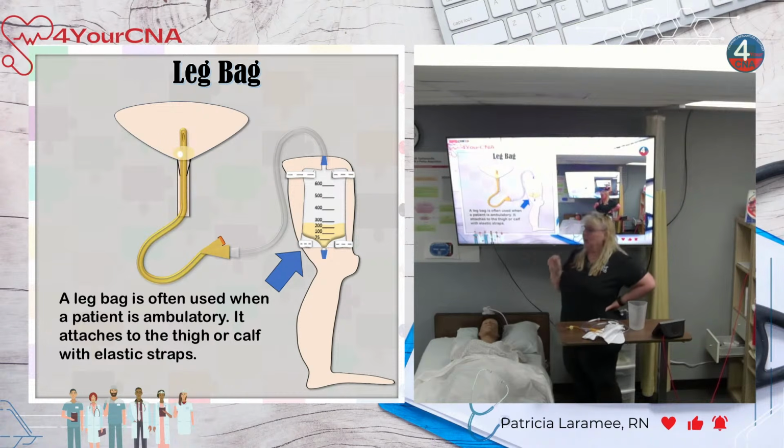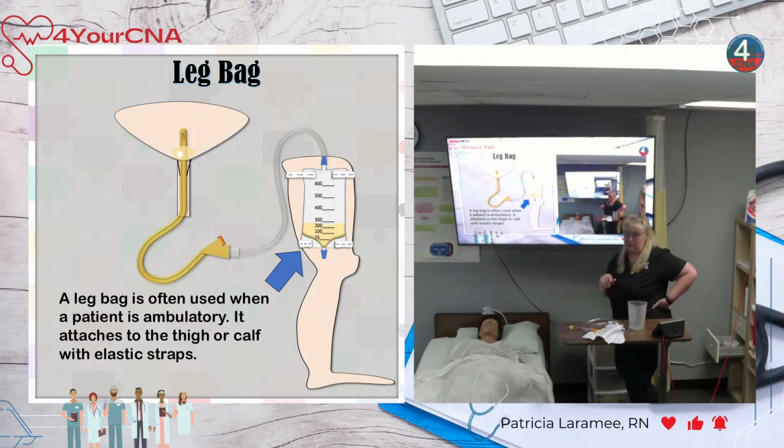Okay, when you're upright, this works fine. Gravity is pulling that urine down. When you're laying in bed, if we had the bag on the body in the bed, that gravity isn't going to put the urine in the bag. It's actually going to let the urine go back up into the body. So we want something that is dependent or below the bladder. Great question.